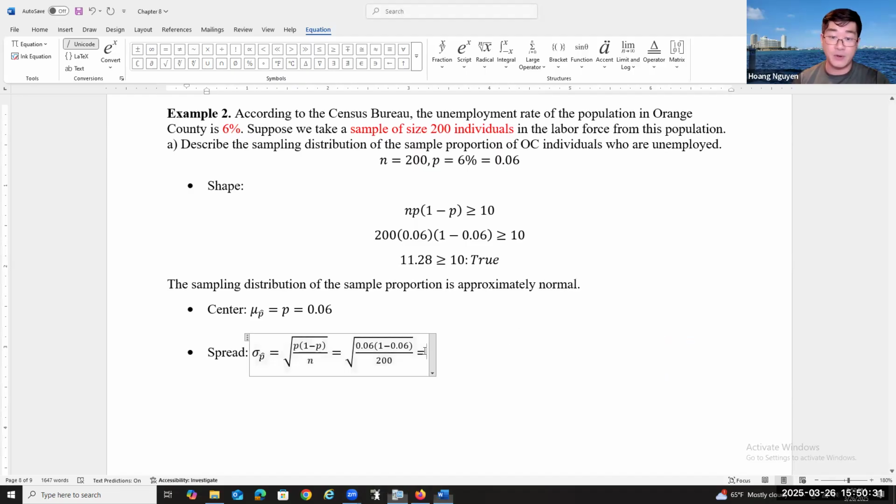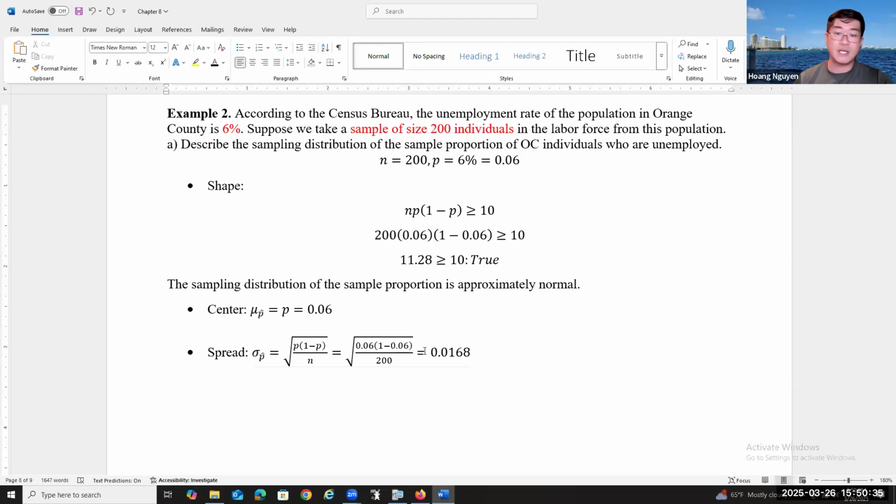Okay, so this is the approximation for the standard deviation. So the distribution of the sample proportion will be approximately normal with the mean of 0.06 and the standard deviation 0.0168. Okay, so that's question A.